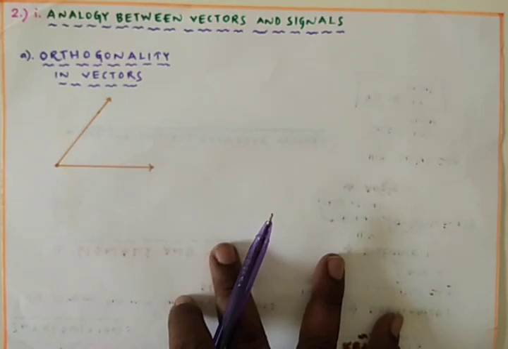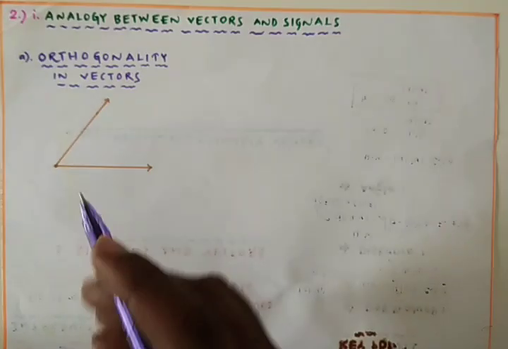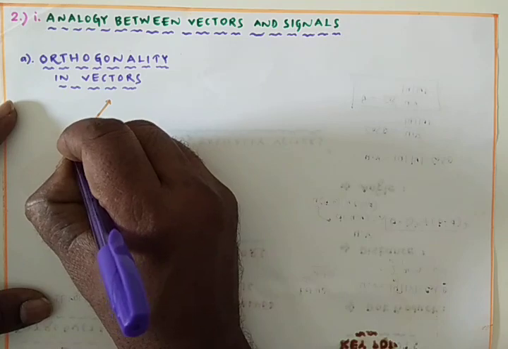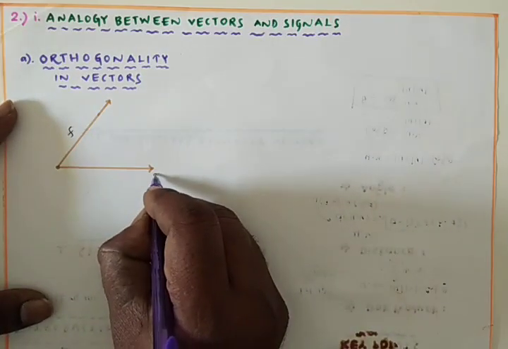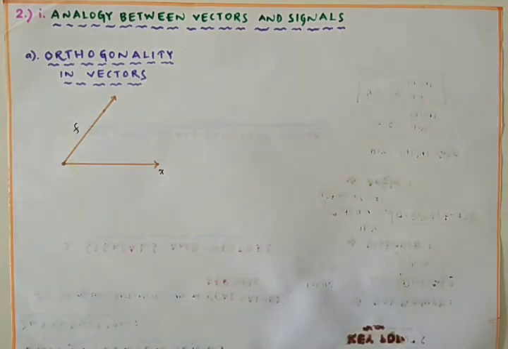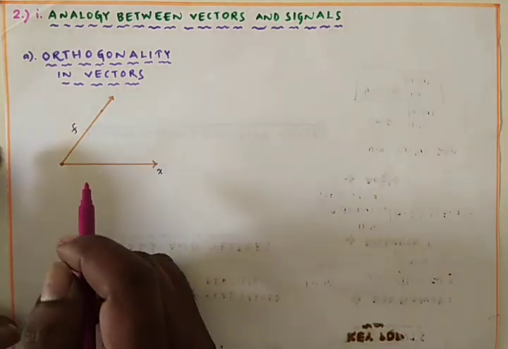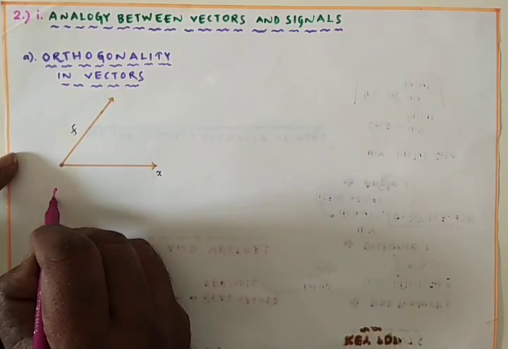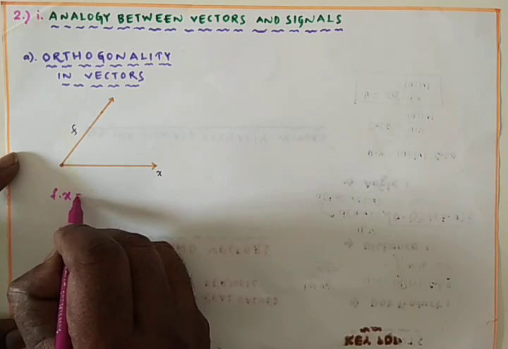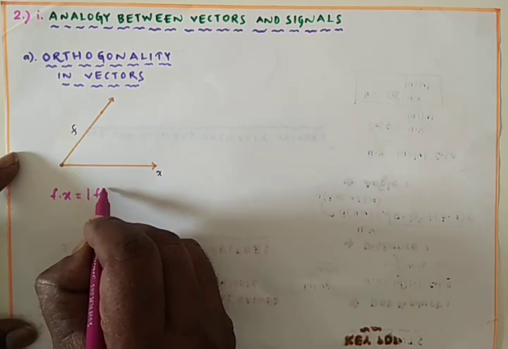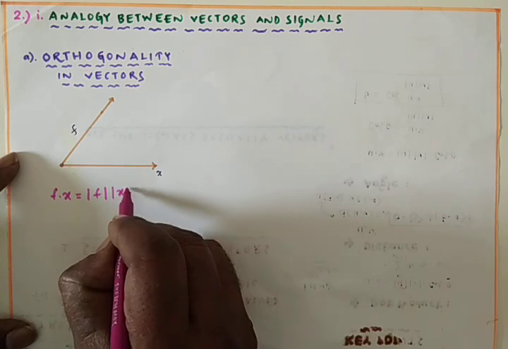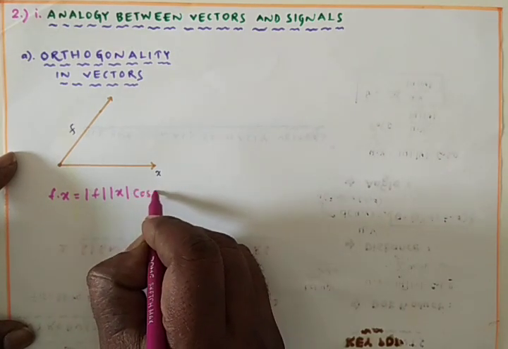Now I am considering two vectors, f and x, so that we can have the dot product of those two vectors. I am assuming this is vector f and this is x. What is the dot product? f dot x is equal to modulus of f into modulus of x into cos theta.